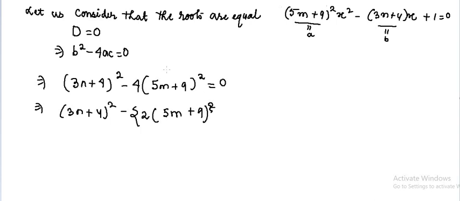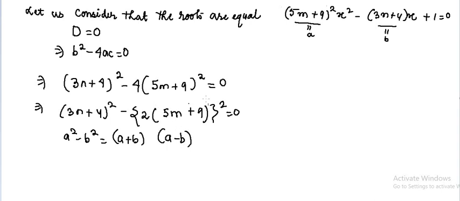Now we have obtained the a square minus b square form. Using this algebraic identity, a square minus b square is nothing but (a plus b) into (a minus b). Let us break this equation into this form.